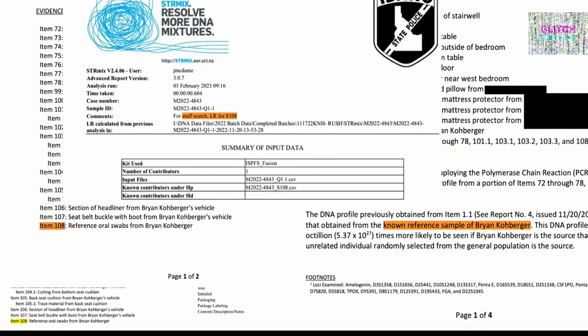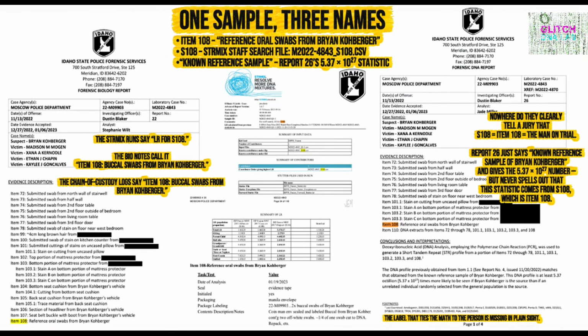Now here's the key point, and it's not 3 people, it's this. That 5.37 times 10 to the 27th power statistic appears tied to the staff search STRmix pathway, the S108 pathway. So the fairness question is simple. Where is the clean, explicit crosswalk that says, in one sentence, item 108 produced S108, and S108 is the exact known reference sample used to generate 5.37 times 10 to the 27th power.